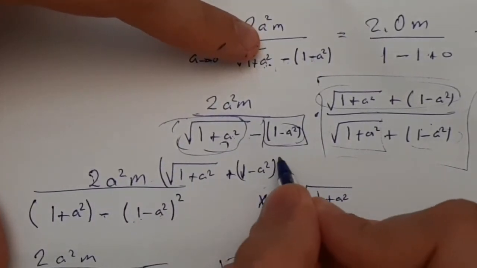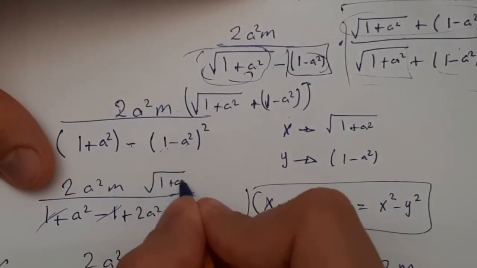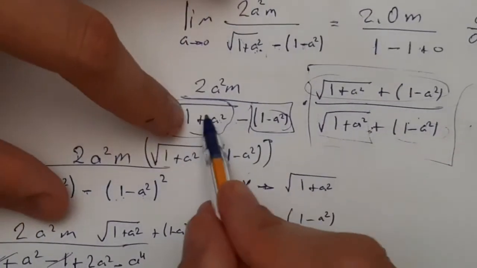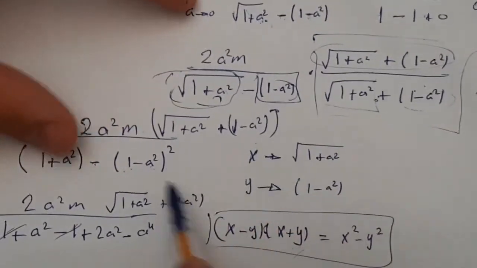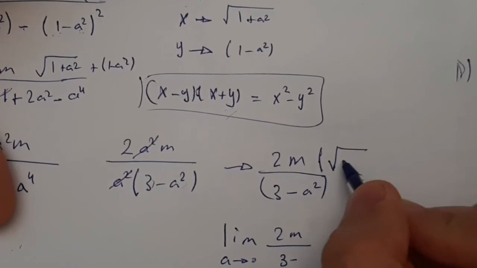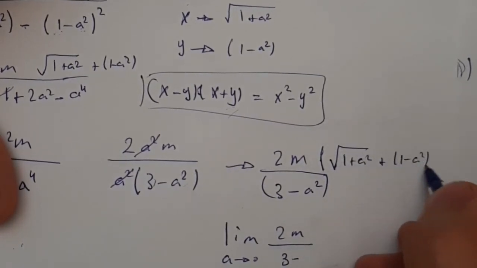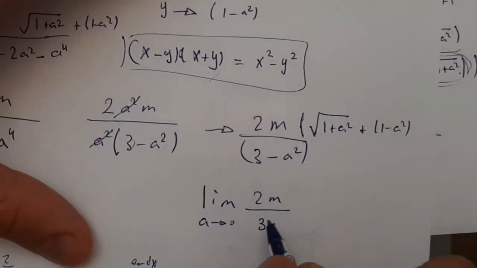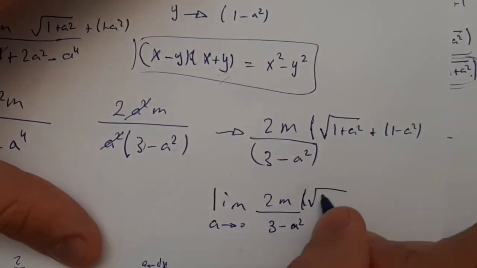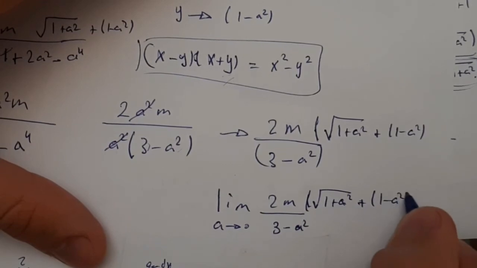You can't forget this as I did, okay? So it goes with me. I used the down part to get rid of the square root over here, but I carry it with me upwards. So over here too, we have 1 plus a squared plus 1 minus a squared. So it is the limit of this multiplied by 1 plus a squared plus 1 minus a squared, okay?